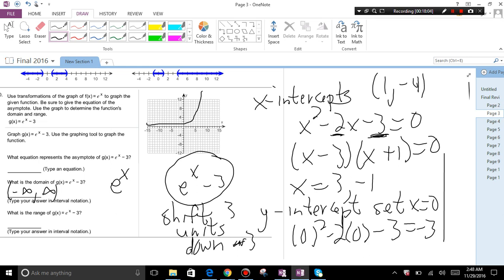The range before was 0 to infinity, and now if you move everything down, the range goes from -3 to infinity. You're subtracting 3 off, so it moves everything down 3 units. So that 0 goes down to -3, and if you take 3 off of infinity, it just stays infinity.